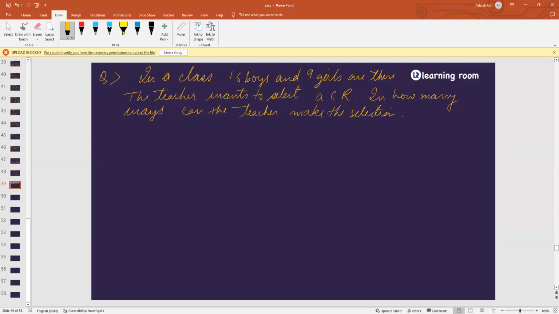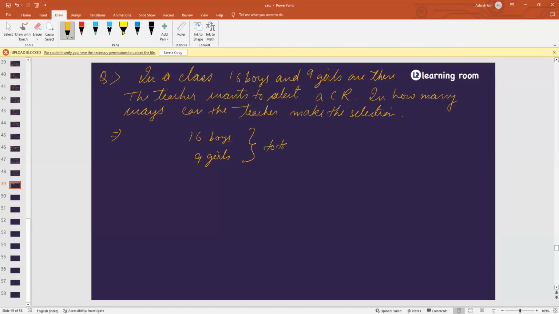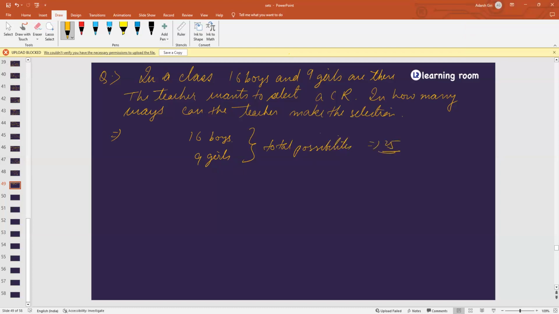What are the possibilities? Are you getting my point? There are 16 boys and 9 girls, right? What is the total number of possibilities? Total possibilities is 25, isn't it?